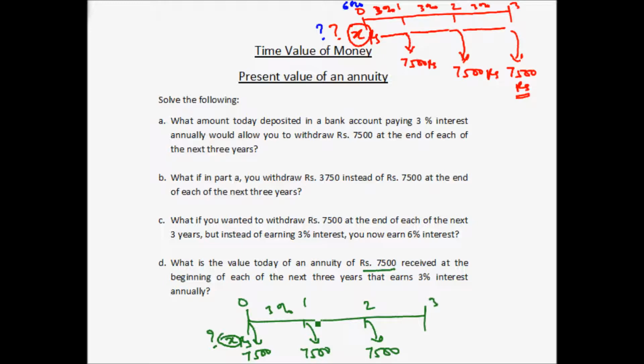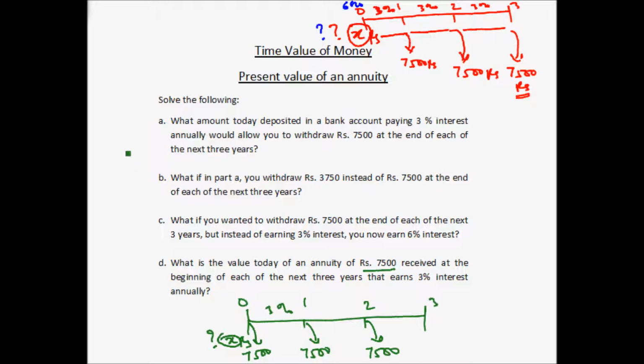The remaining amount will continue to gain 3% interest for the next year. At the end of the second year or at the beginning of the third year, you again withdraw 7500 rupees. So what should this X amount be so that you can withdraw 7500 rupees at the beginning of each of the next 3 years when the bank is giving us 3% interest per annum?